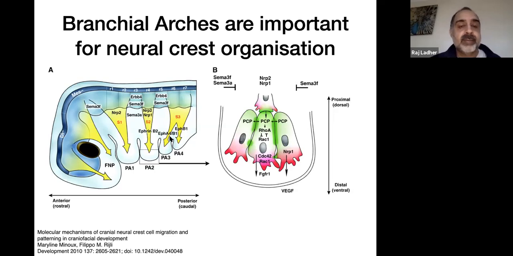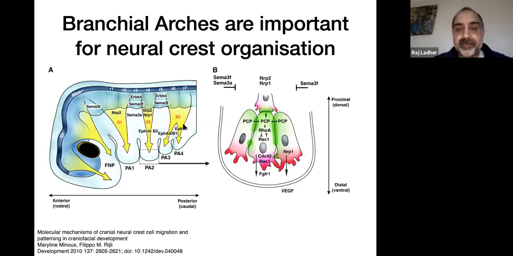And so that brings up an important point: if you're trying to understand your particular system, and you may be working on neuronal patterning, you may be working on pathfinding of vasculature, for example, it's always worth looking at different model systems, for example, neural crest, to inform you about what may be happening in vasculogenesis.